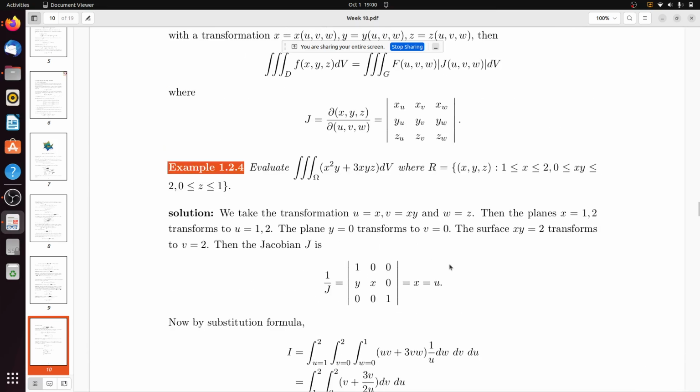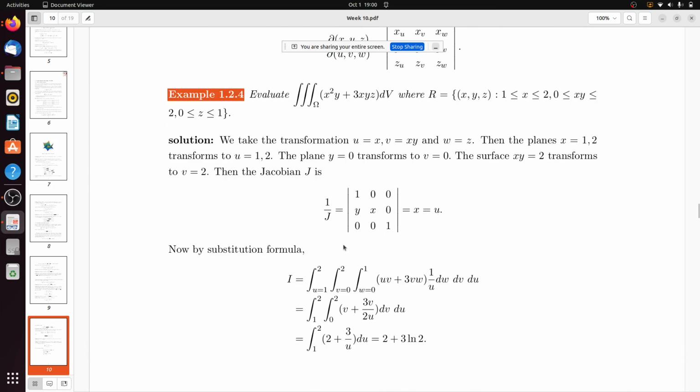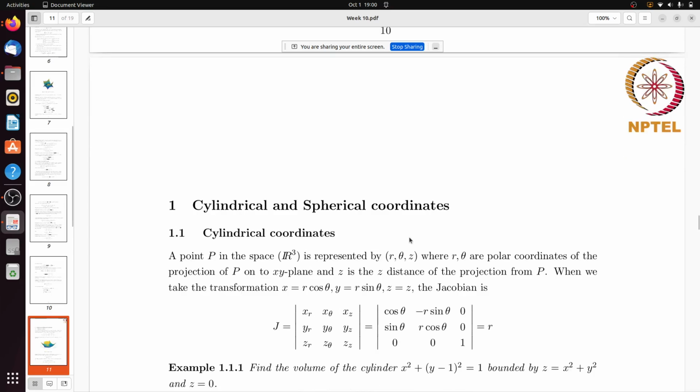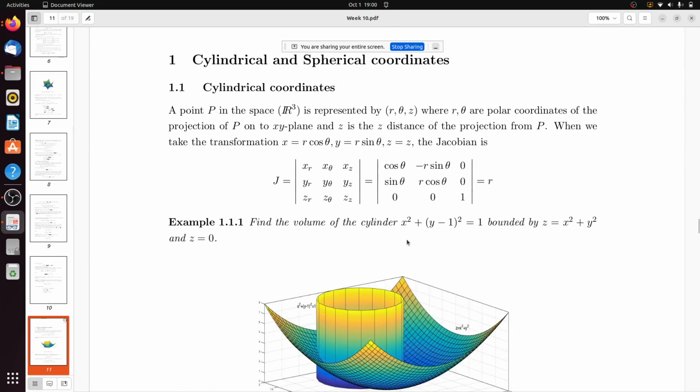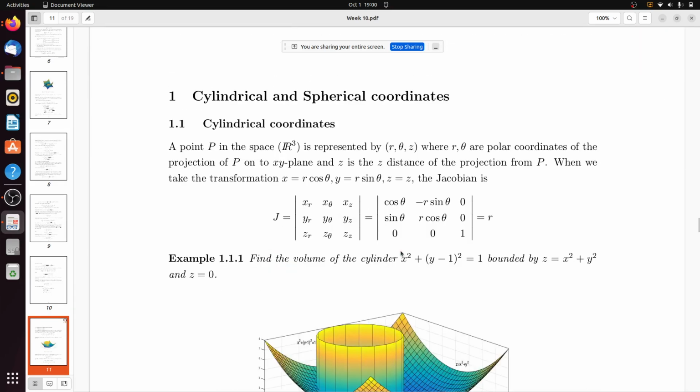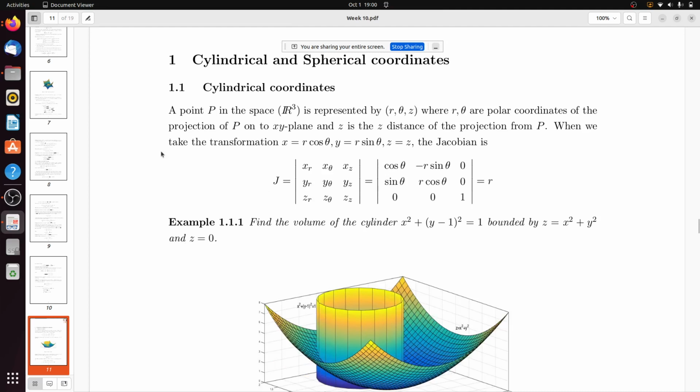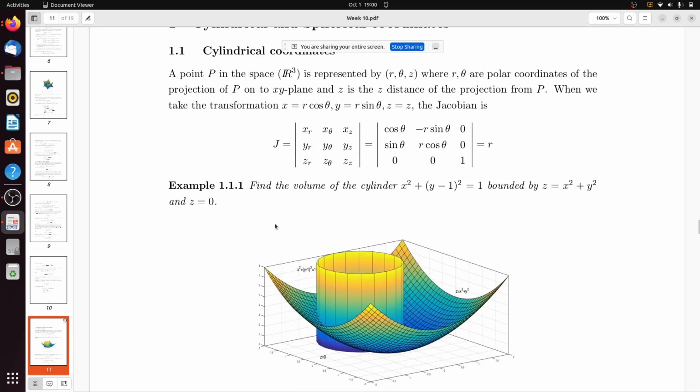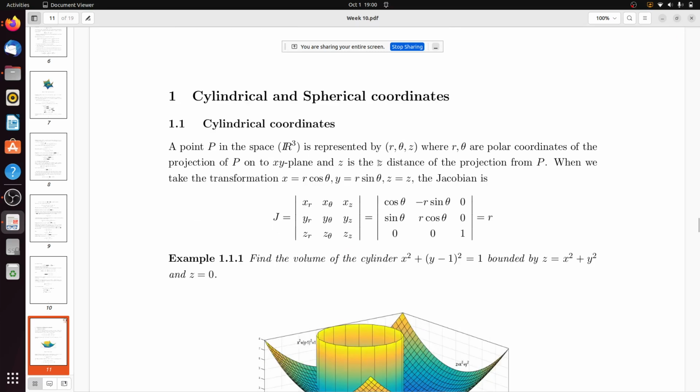There are some problems, I am excluding these things, you can check them. Now there are problems on cylindrical and spherical coordinate systems. A cylindrical point P in space R cube is represented by r, theta, z, where r and theta are the polar coordinates of the projection of P onto the xy plane, and z is the distance of P from that projection.